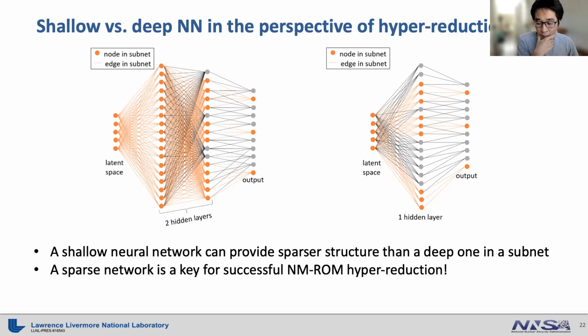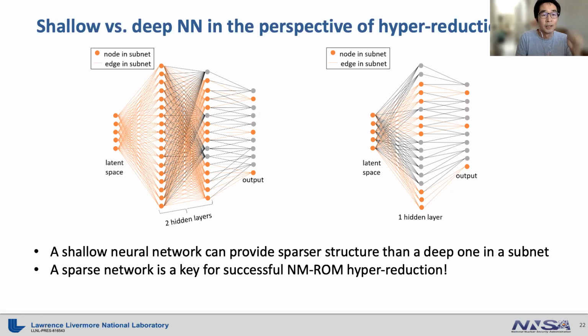However, unfortunately, no matter how much we sparsify the deep neural network, as we increase the number of hidden layers, the number of hidden nodes involved in computing those selected outputs, this orange part, increased too much for us. It was not just the evaluation of the neural net which bottlenecked the efficiency of the nonlinear manifold.